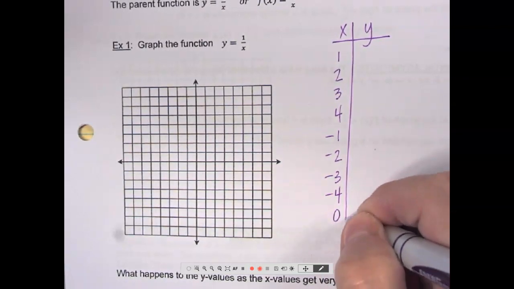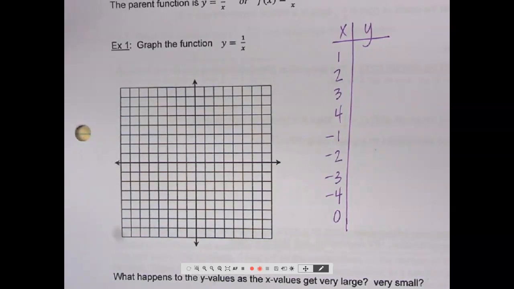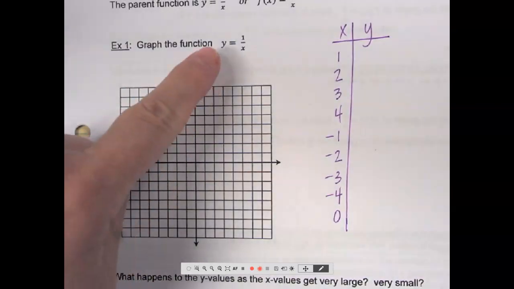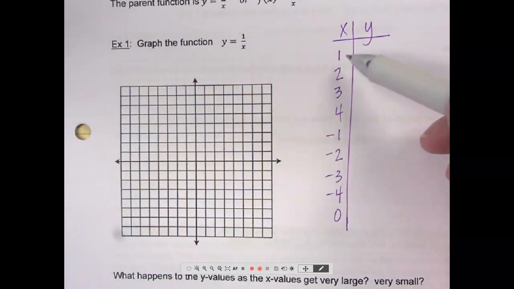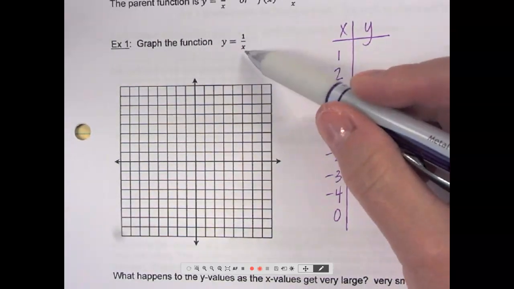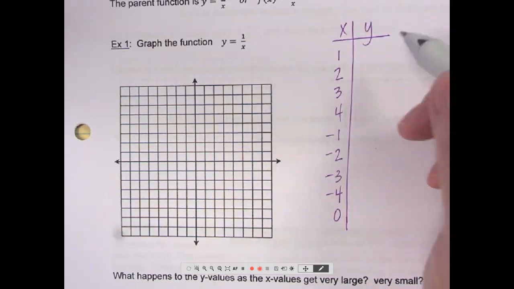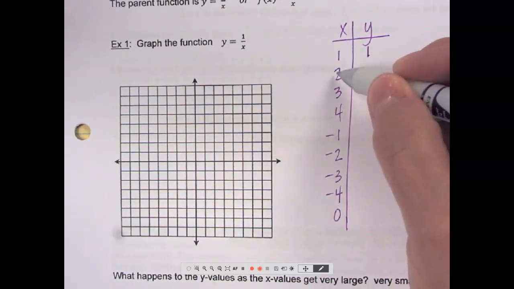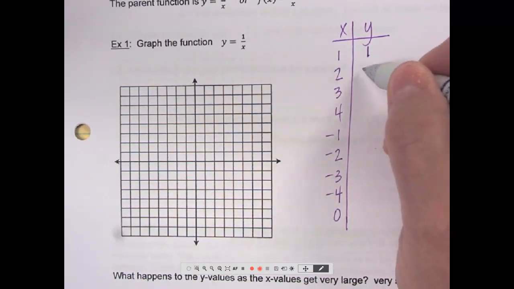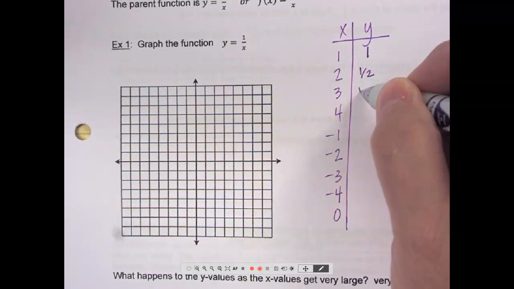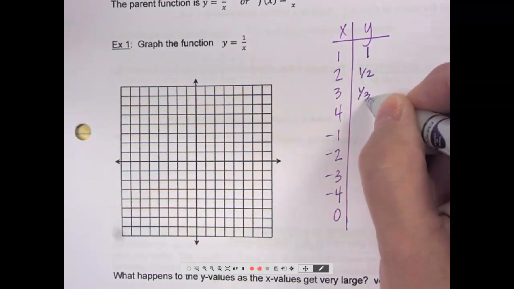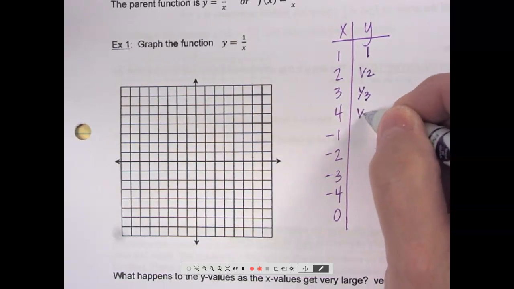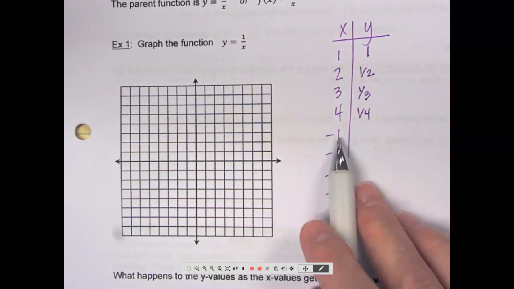And then we'll toss 0 in there. Okay, so here's my fraction, y equals 1/x. So if I put 1 in the place of x, what is 1/1? 1. What is 1/2? 1/3. 1/4? 1/4. Okay, what is 1/-1?